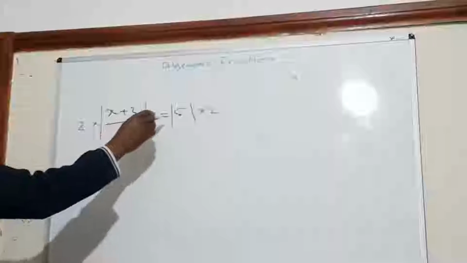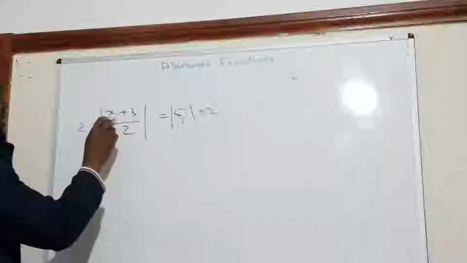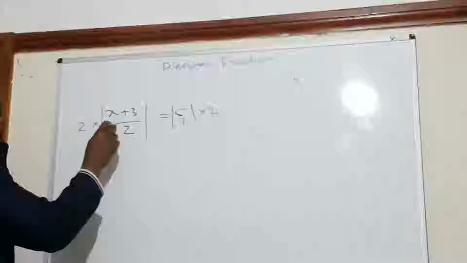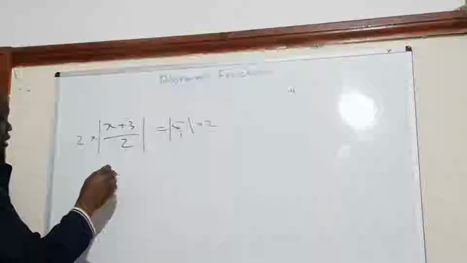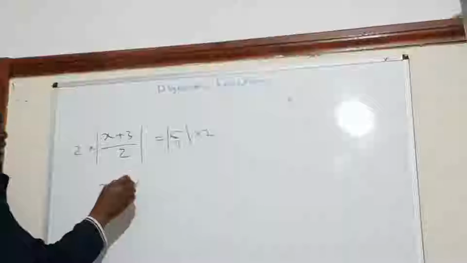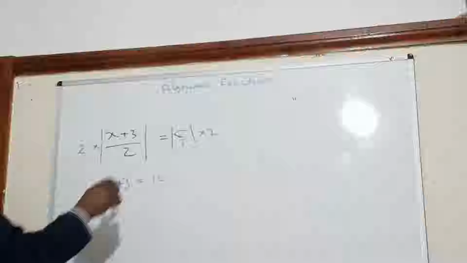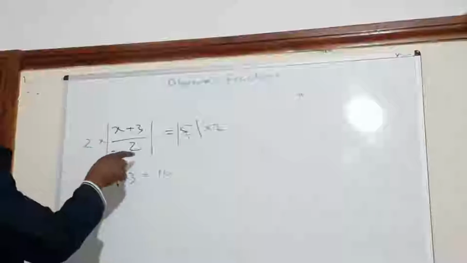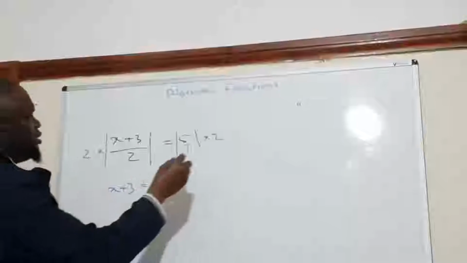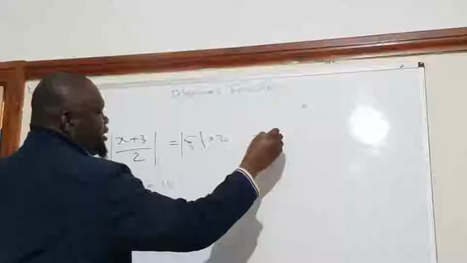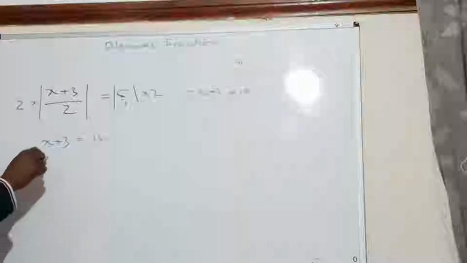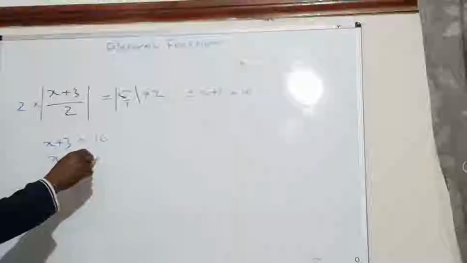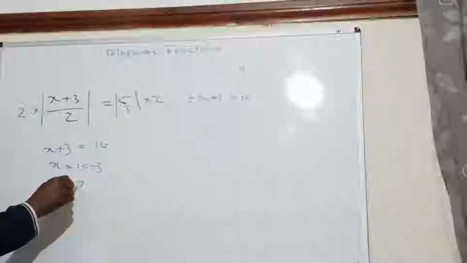If you cross multiply, you put over 1 here, so it's x plus 3 times 1, and 5 times 2 equals 10. If we multiply both sides by 2, this will cancel that. We get x plus 3 is equal to 10. Don't we come to the same thing? So x is equal to 10 minus 3. x is equal to 7.